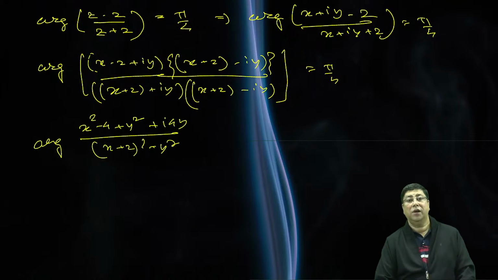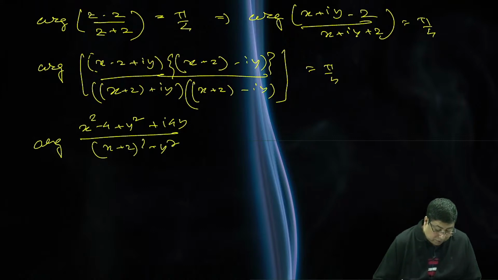We have to calculate fast to get good results in mathematics, because after 2019 questions are coming long and lengthy in mathematics. So let us proceed with this. Equal to pi by 4.